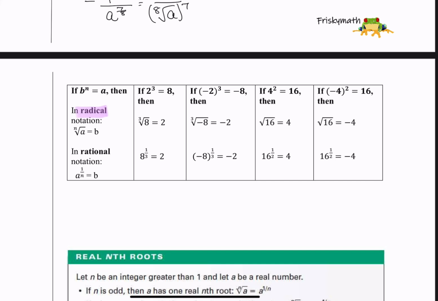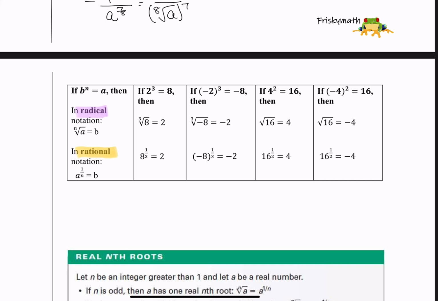So if I have 2 to the 3rd power equaling 8, then it would make sense that the 3rd root of 8 would equal 2. Because what number times itself 3 times gives you 8? 2. Well, you can see below how you would see that in rational notation. Instead of saying the cube root of 8 using a radical symbol, you're now going to use 8 to the 1/3 power, and that also equals 2.